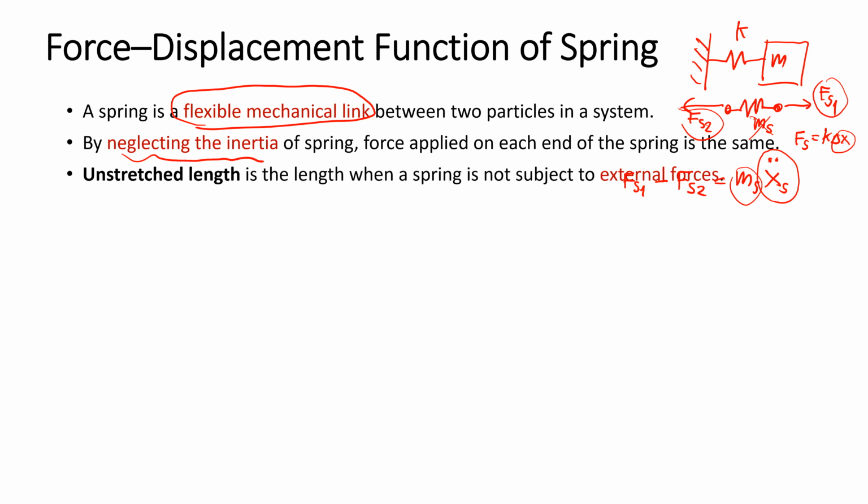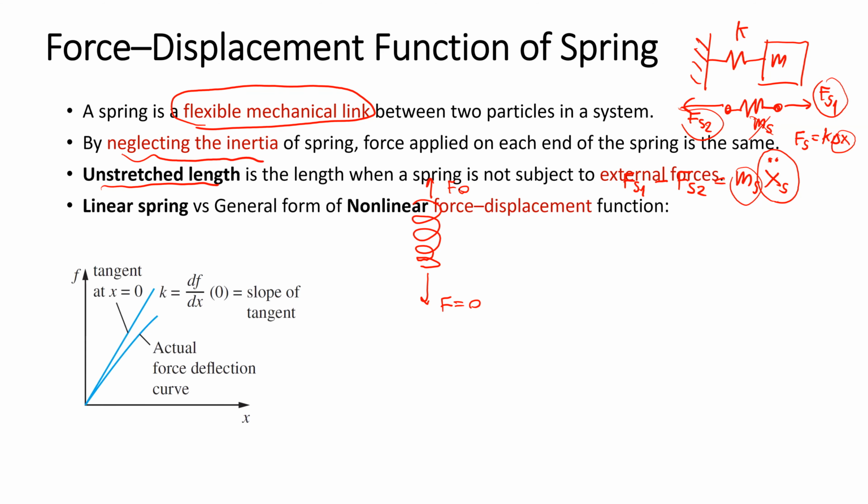The unstretched length of the spring means the length of the spring when we do not apply force. A linear spring by Hooke's law is just an approximation of the actual spring.